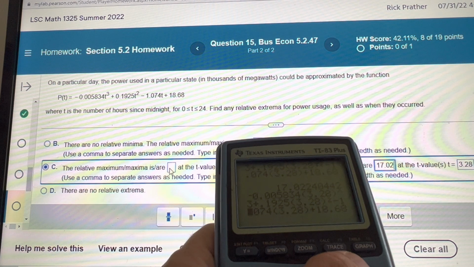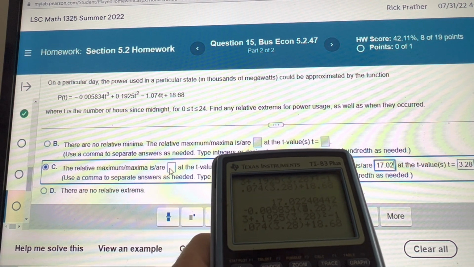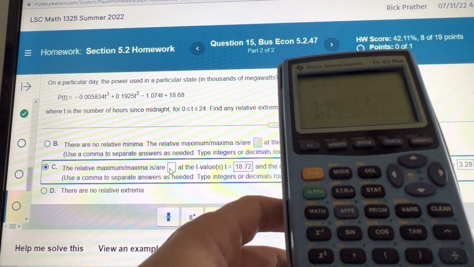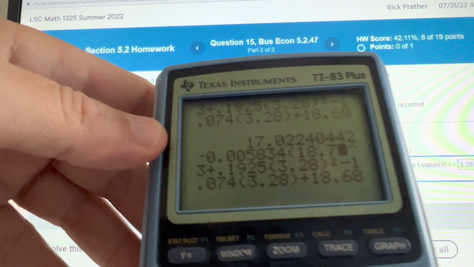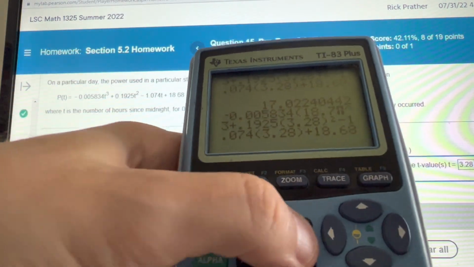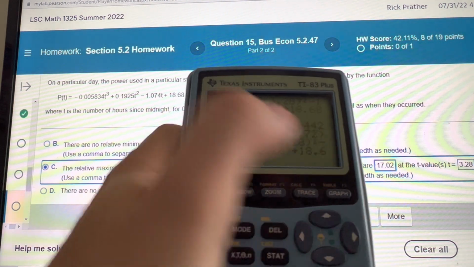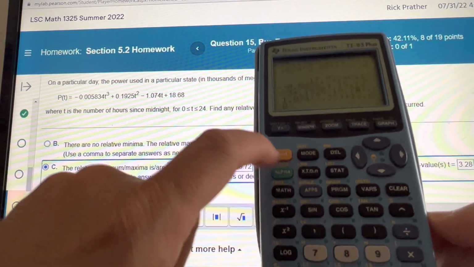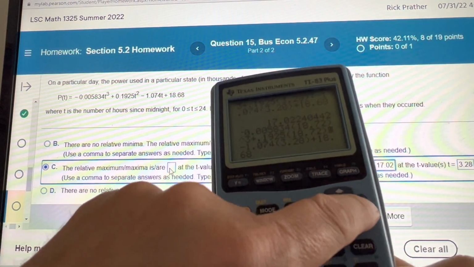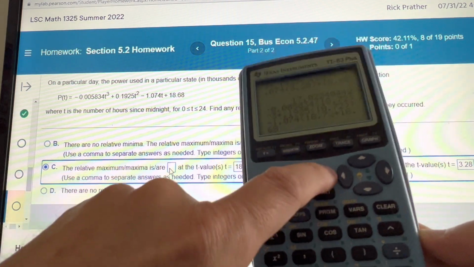I need to change all these 3.28s to 18.72s. So I'm going to put 18.7 until I run out of space, and then insert the 2, right on top of the 3. 18.7, insert a 2. 18.7, insert a 2.